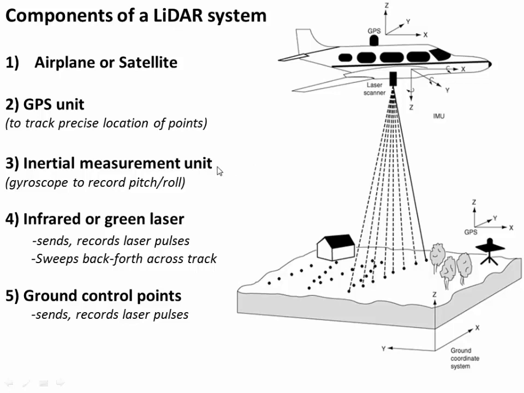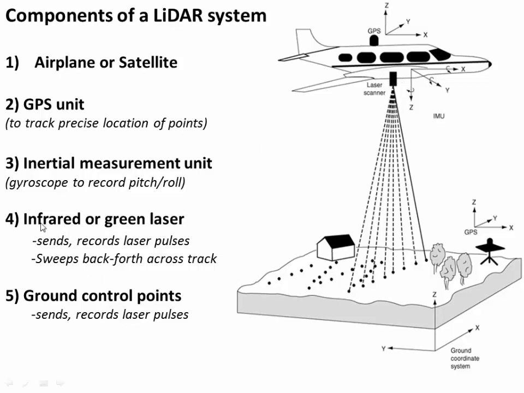This tells us exact information about the pitch or the roll of the airplane at any given time. Obviously, an airplane is not perfectly stable, so we need this inertial measurement unit to tell us how exactly the airplane might have been tilted at any given time, and therefore which direction the laser was pointing at any given time. And then of course we have the laser itself.